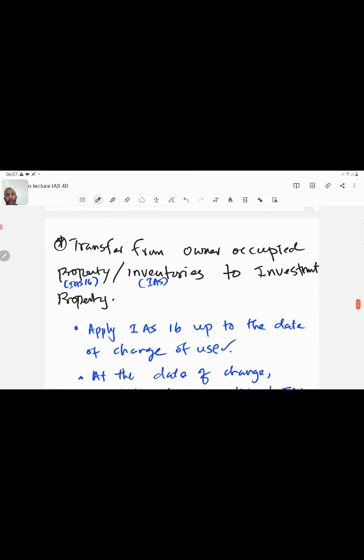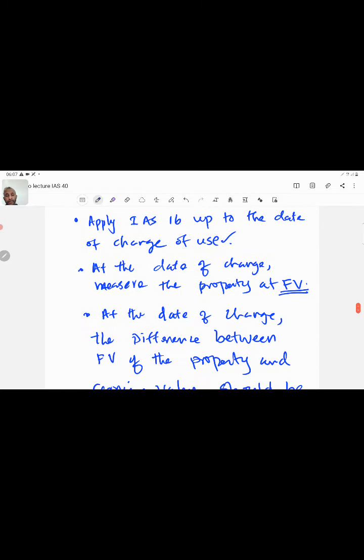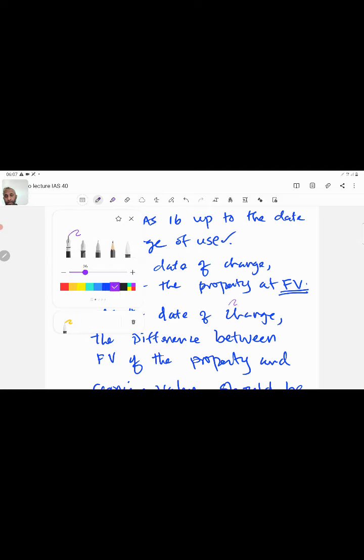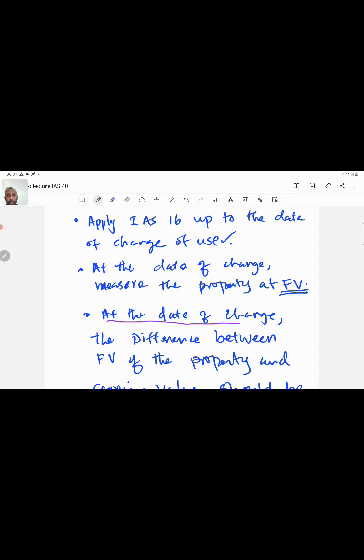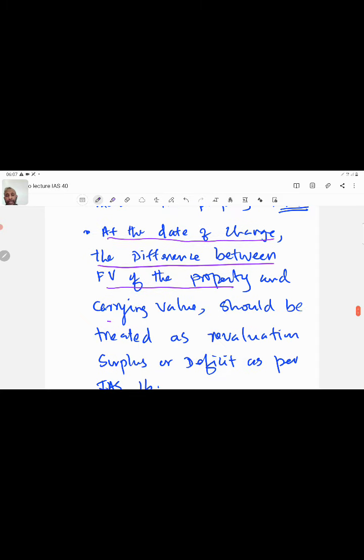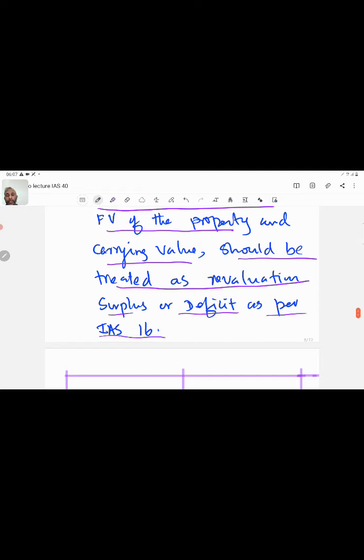So you have to do a revaluation, and then at the date of the change, the difference between fair value of the property and the carrying value should be treated as revaluation surplus or deficit as per IAS 16. Any difference you then have to take to other comprehensive income and a separate column under statement of changes in equity.